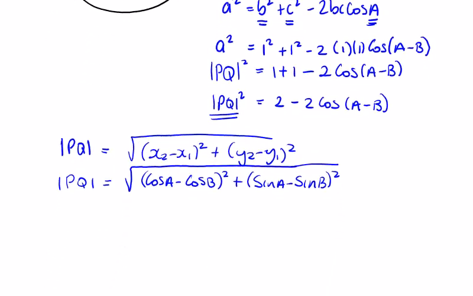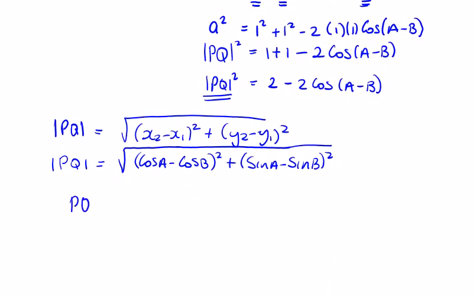To get rid of the square root, I need to square both sides, so PQ squared, and I'm going to remove the brackets. So we have cos A by cos A, which is cos squared A. We have cos A by cos B twice, and it's a minus, so we have minus twice cos A cos B, and we have minus cos B by minus cos B, which is plus cos squared B.